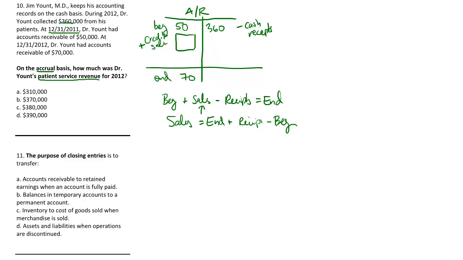So we're just rearranging that equation here. So if we plug in some values here, 70 plus 360 minus 50 equals our sales, which in this case should be 380. Did I do my math right? 70 minus 50, yep, 380. So the credit sales are going to be 380. Which one of these matches our answer? Answer C.